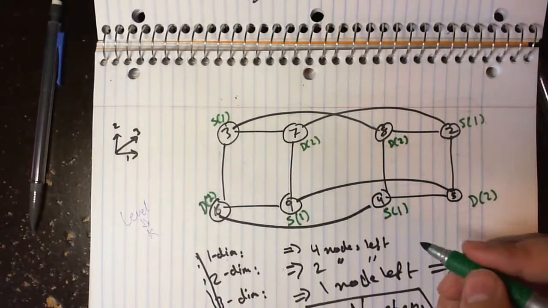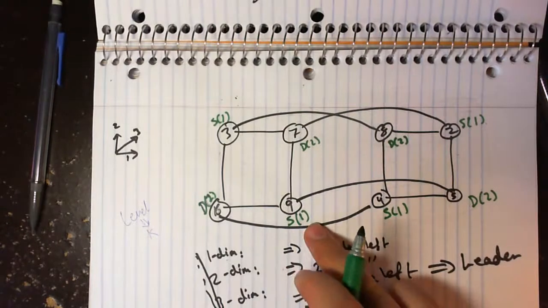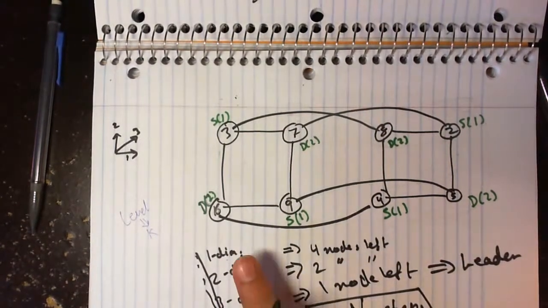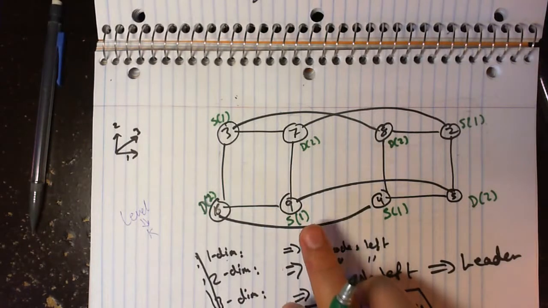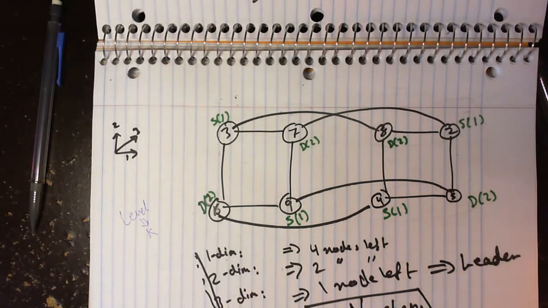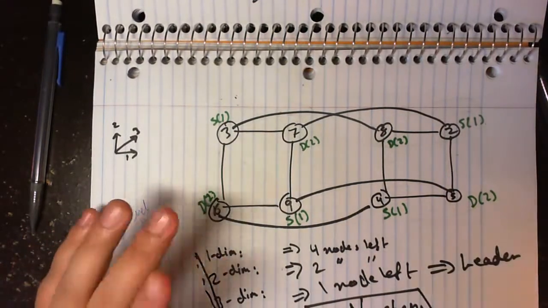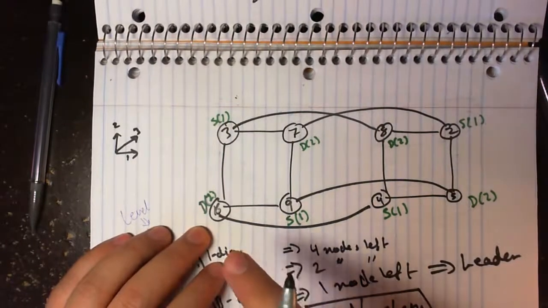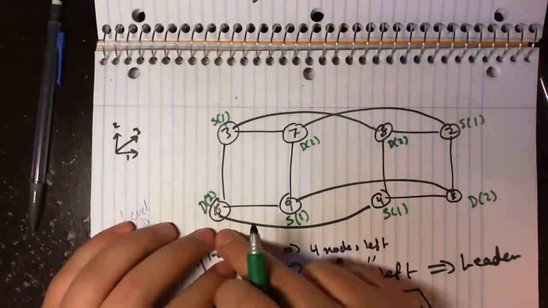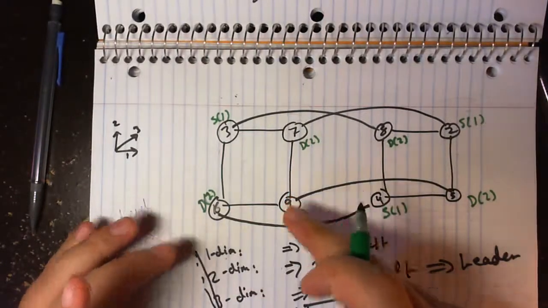Okay, so the S sort of denotes the end of the line. At which level did you lose the duel along that dimension? Okay. So we take all of the nodes that are still labeled D2 and somehow get them to fight against each other along that dimension.